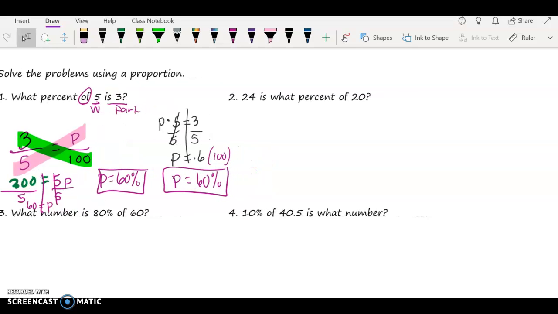So number 2, I'm just going to use the proportions method on this one. So 24 is, that's my part. So 24 goes on top. What percent of 20, so 20 goes on bottom, equals some percent over 100.